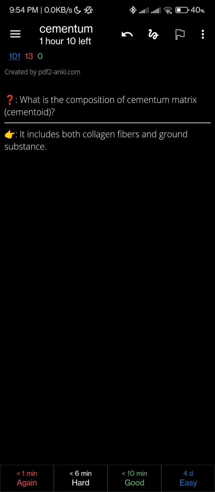What is the composition of cementum matrix? We have extracellular proteins, non-collagenous proteins and collagenous proteins. So what is the composition of cementum matrix?